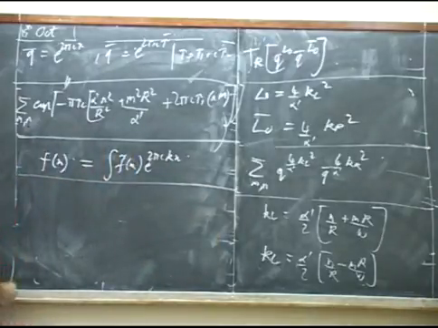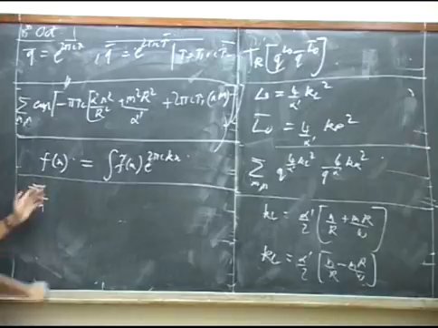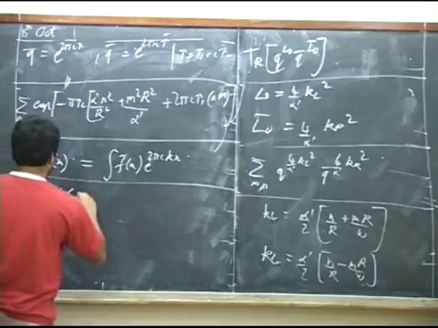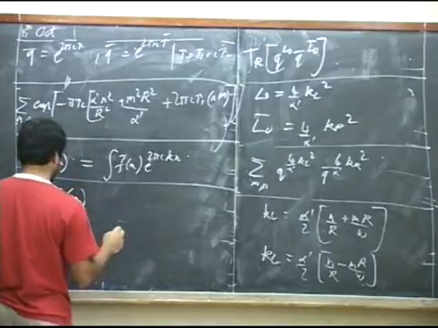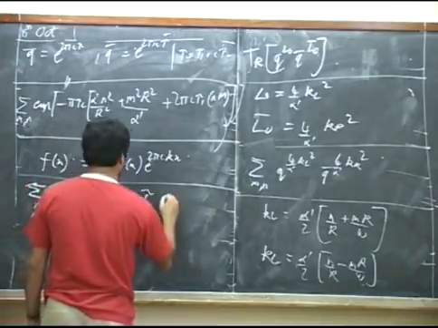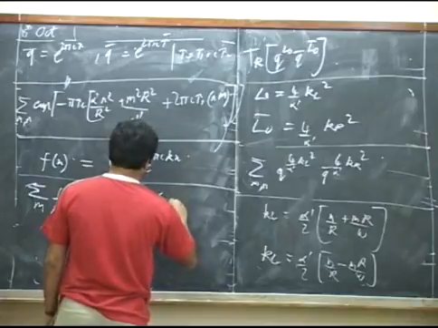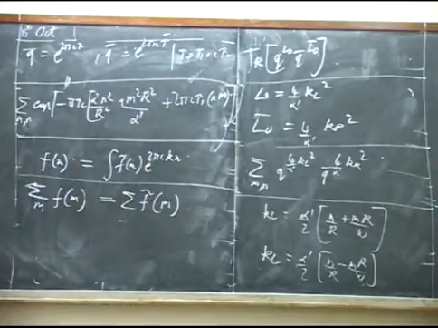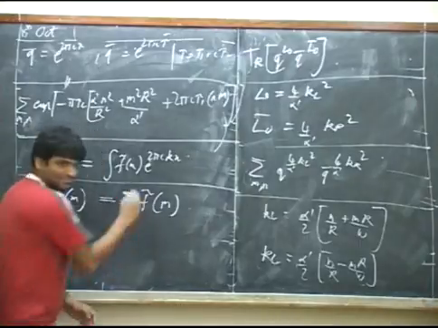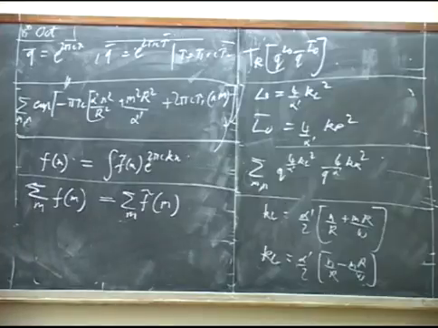Now, I want to claim that the following is true: provided there are reasonable fall-off properties of these functions, the sum of f of m is equal to the sum of f tilde at 2 pi z. Now this is something you're all familiar with, but let's quickly see.